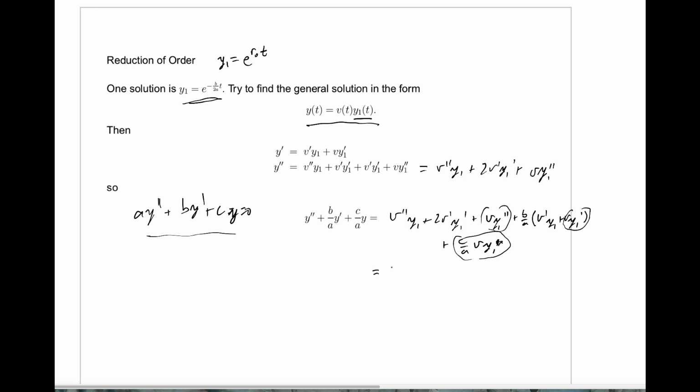And what I have left is v''y1 plus 2v'y1' plus b over a v'y1. And if I put in what y1 is, remember y1 is given up here, let me compute this. y1' will be exactly minus b over 2a times e to the minus b over 2a times t, and y1'', we won't need that, so I'm not going to compute that.